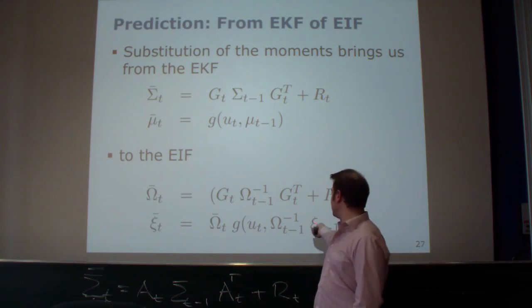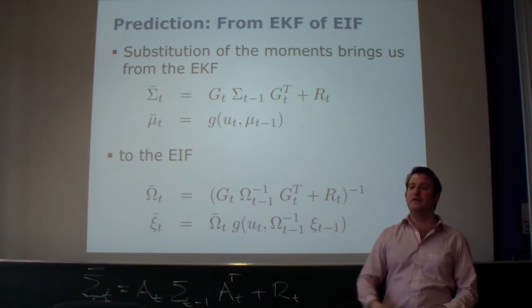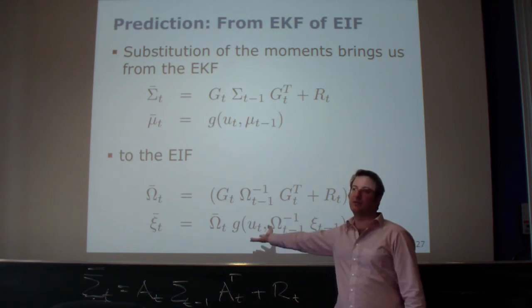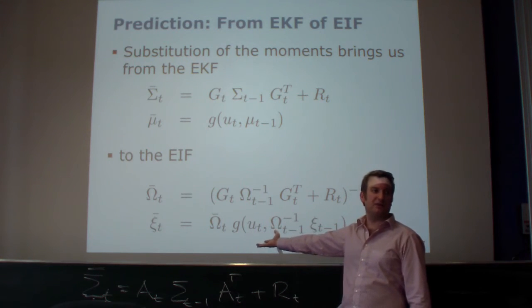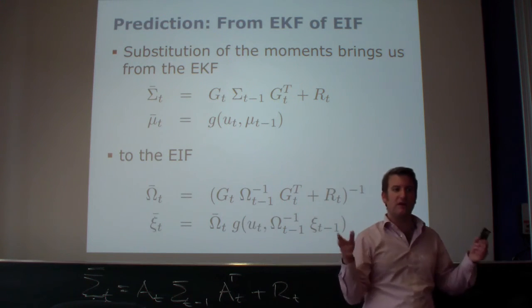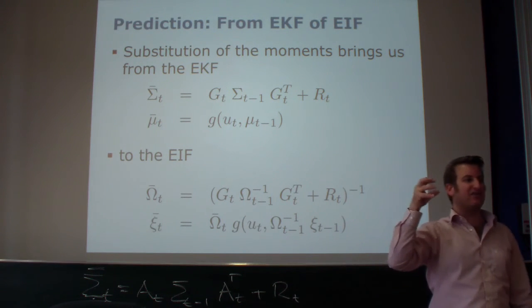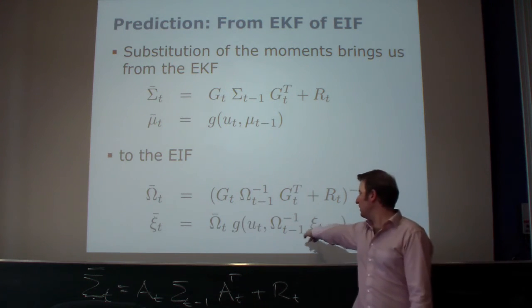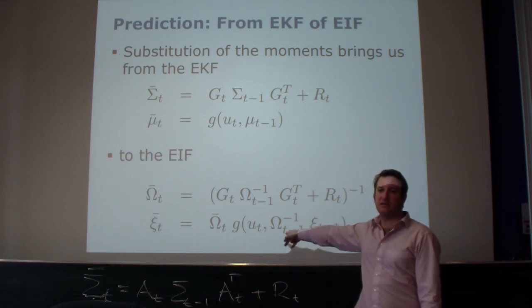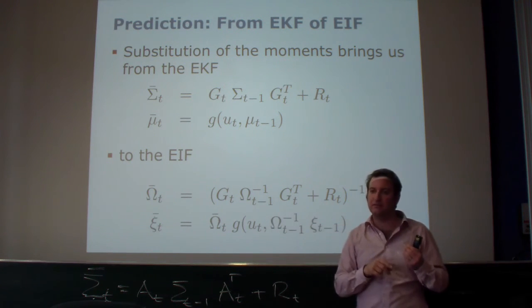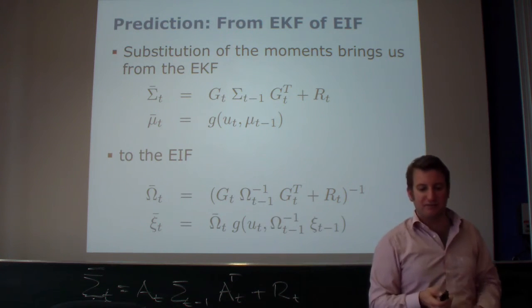So we have to transform the information vector into the mean estimate in order to be able to propagate it through the nonlinear function, at least if we have the nonlinear function given in that way. If you only have the regular g function which works on x and not on the information vector, we have to convert back to the mean, so recover the original state space, propagate it through g, and then convert it back. That's potentially suboptimal.